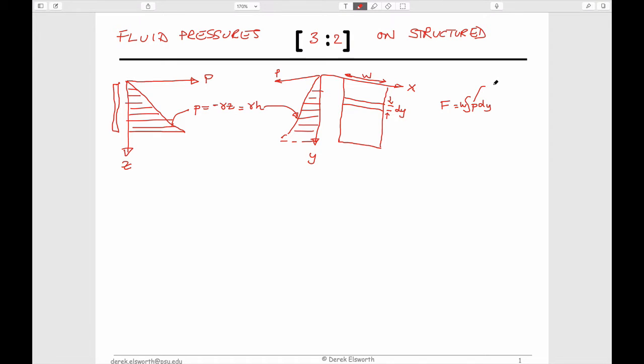We know that the pressure is equal to unit weight times y at any point.